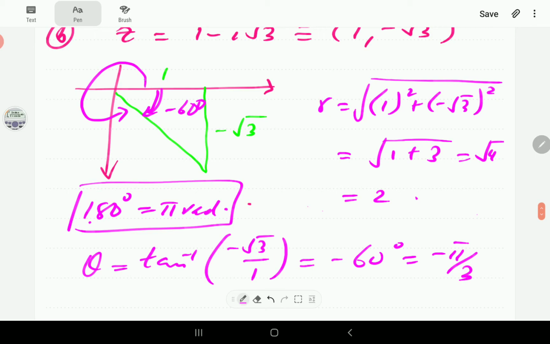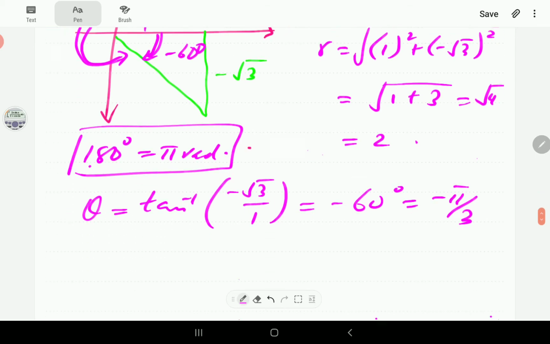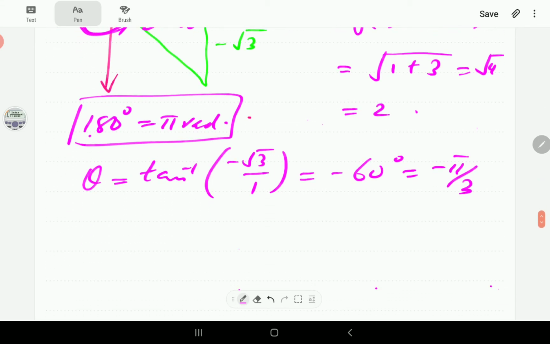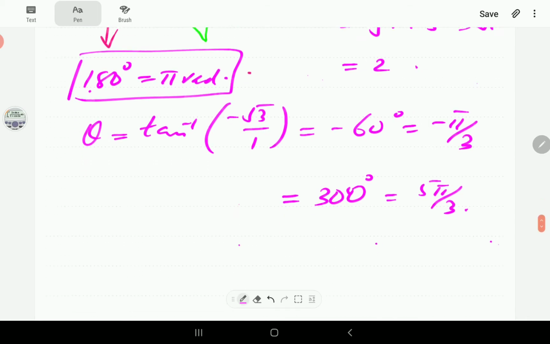Okay, but if we wanted to express it like that, which is equally correct, this would be 300 degrees, which we can then write in terms of radians as 5 pi over 3 this time.